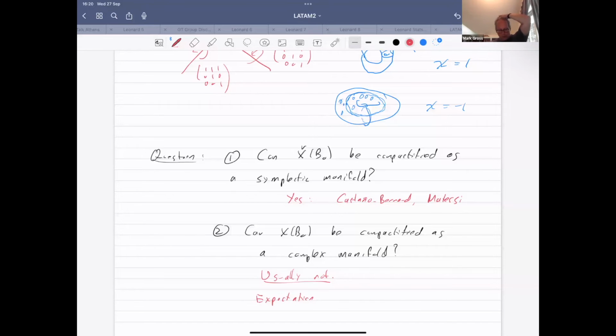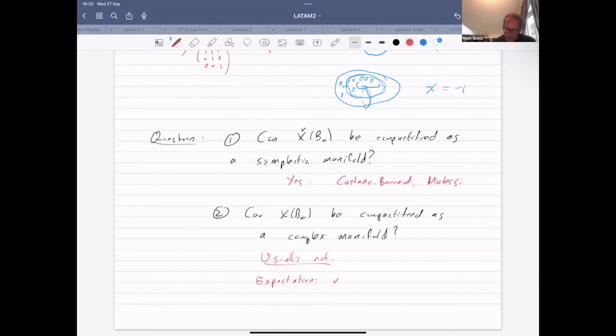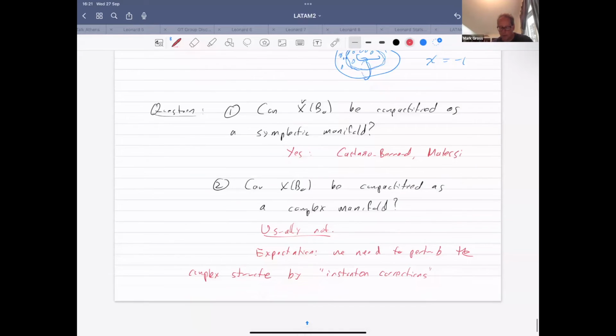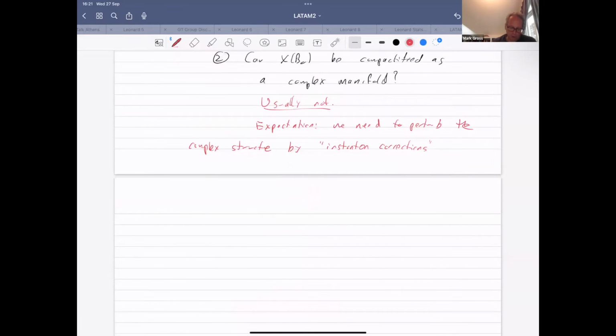Symplectic structures are soft, complex structures are hard. The expectation is we need to perturb the complex structure by what we usually call instanton corrections, even back in the early days of SYZ, by instanton corrections before we can compactify.